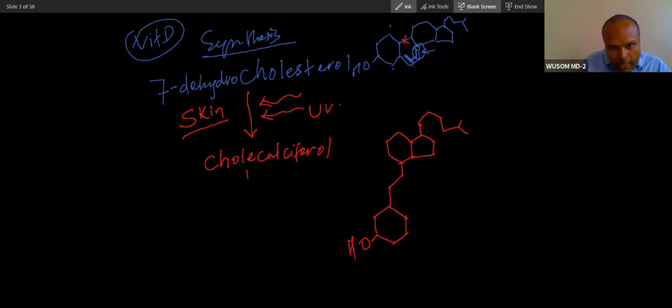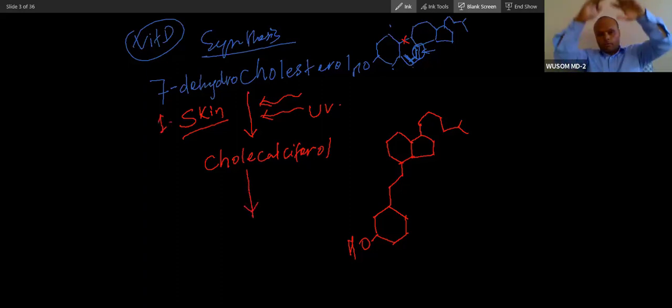Now, what is the second reaction? This is the first reaction, which happens in the skin because of sunlight, and it breaks this bond. What are the second and third reactions?